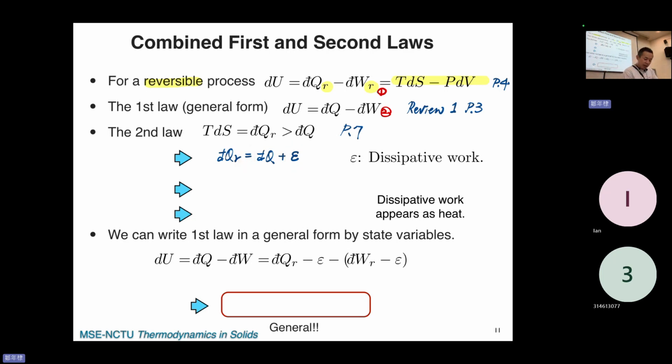And the epsilon, of course, can be defined as dissipated work. d bar Qr means reversible, right? But d bar Q is non-reversible, which means you definitely missed something. You definitely lost some energy. So this is something you lost, and we call this equation 3.